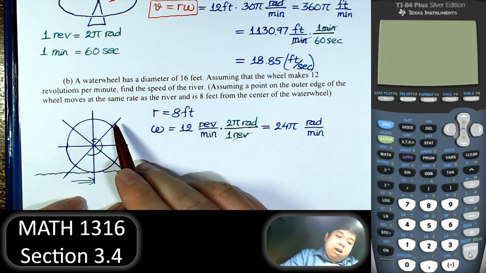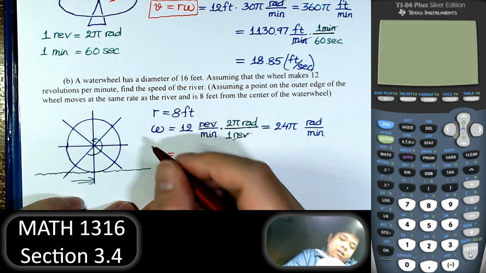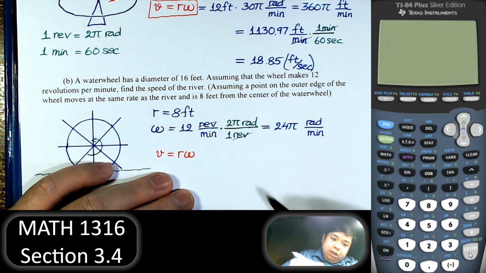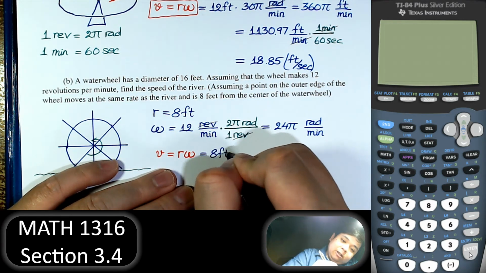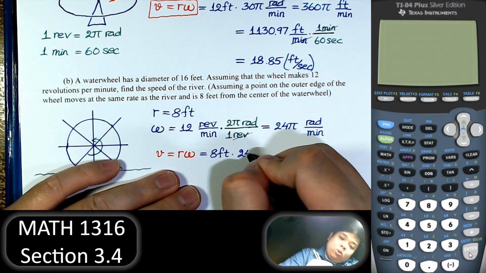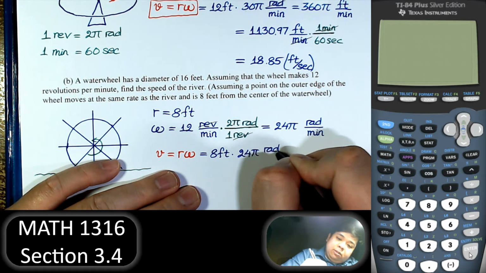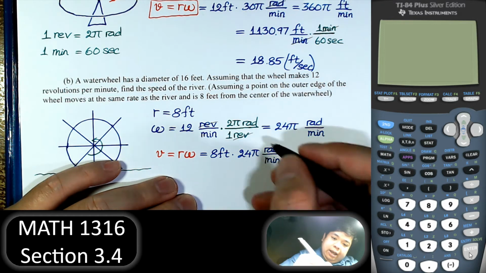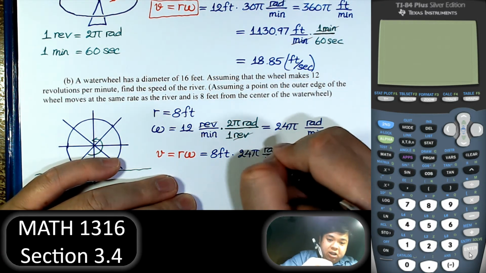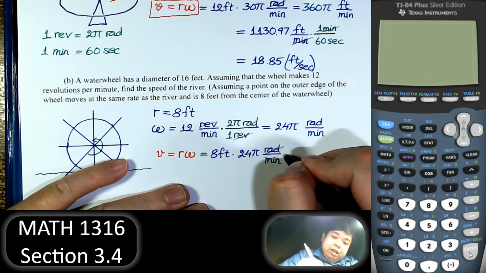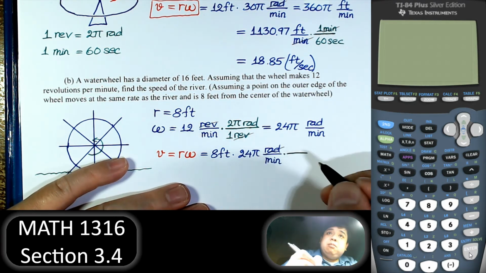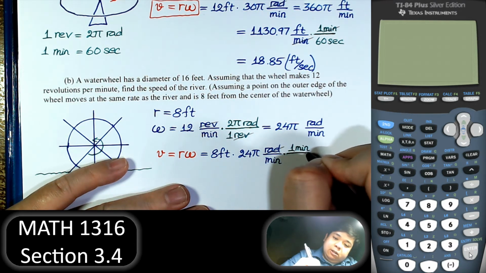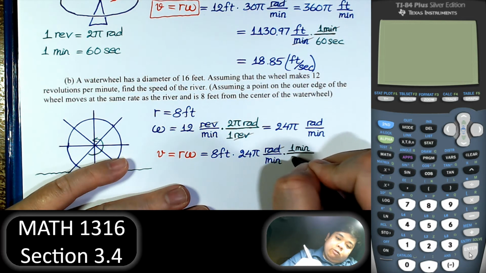Next, find the speed of the river, which is the linear speed, r times omega. The radius is 8 feet. The angular speed is 24 pi radians per minute. And the radian will cancel by itself. Once again, usually it is better to write feet per second, so we write 1 minute over 60 seconds.